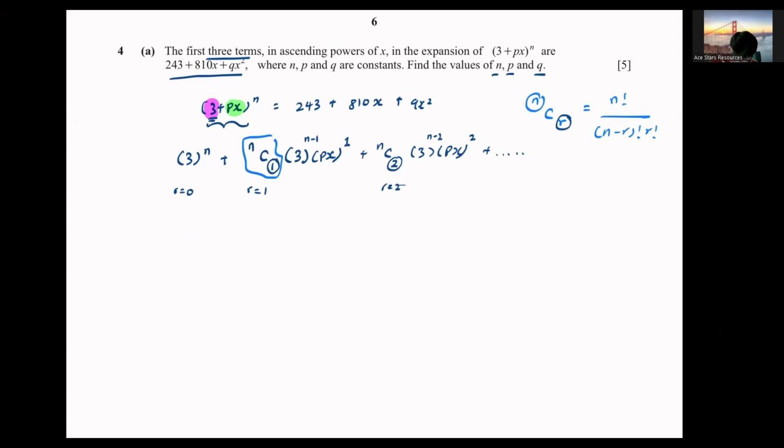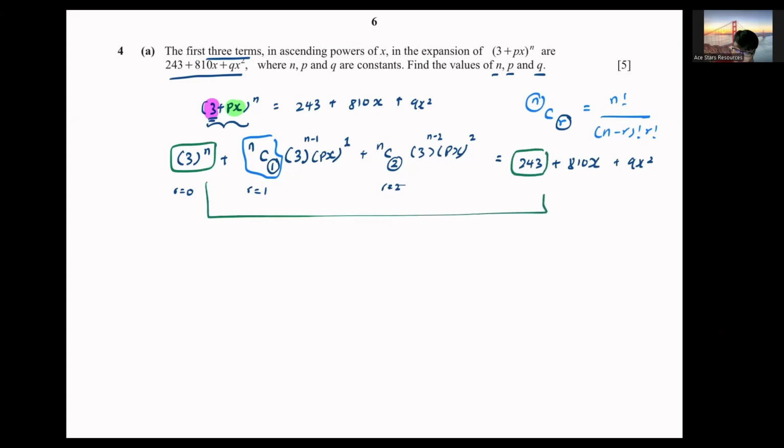So 3 to the power of n, you compare it with the answer given. It's equal to 243. Of course, we only need the first three terms. So 243 plus 810x plus qx squared. We are comparing the first term with the first here.